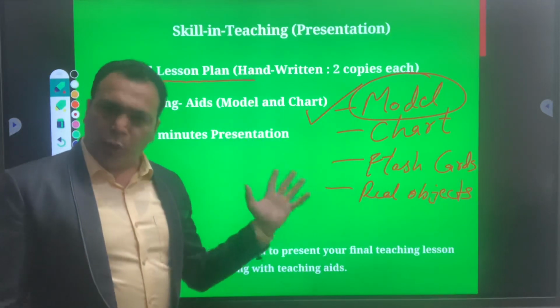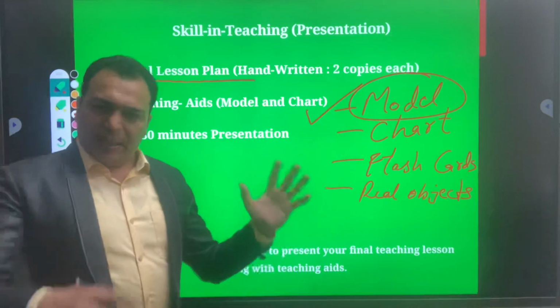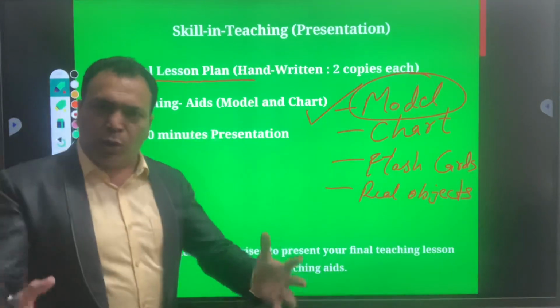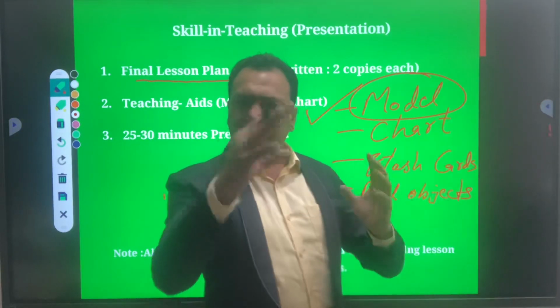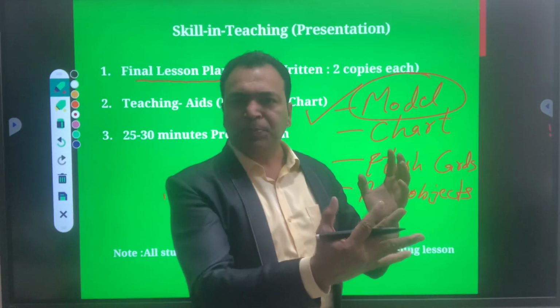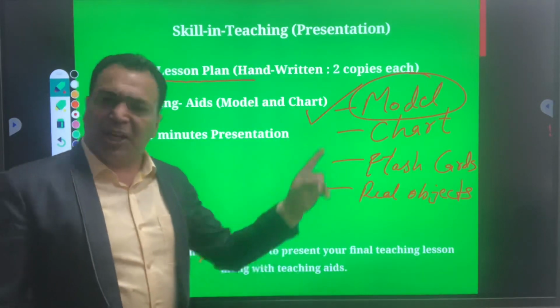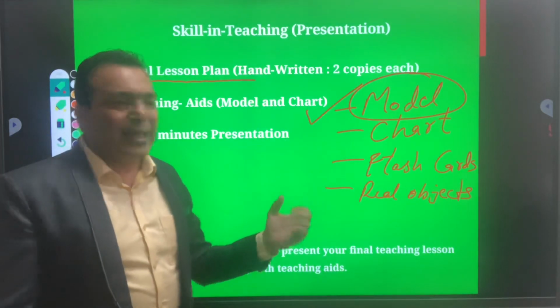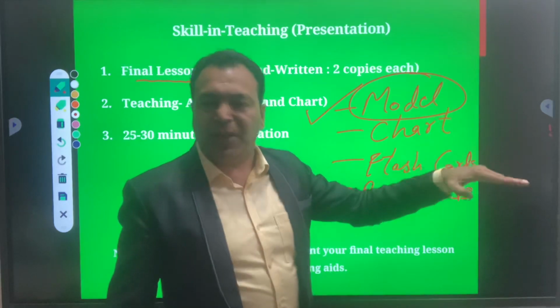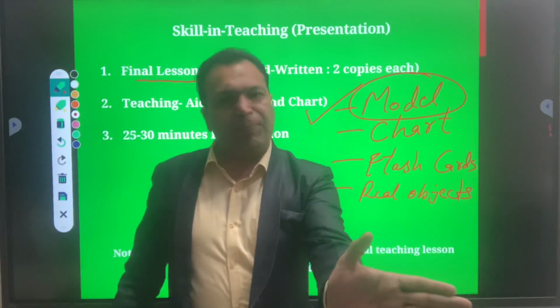Board के ऊपर you have to write, and along with the model which you have to show, it should be hanged near the blackboard, okay? And it should be wrapped with the newspaper. While you are teaching, it should be wrapped. When you have to display the model, immediately you can unwrap and you can display to the student, right guys?